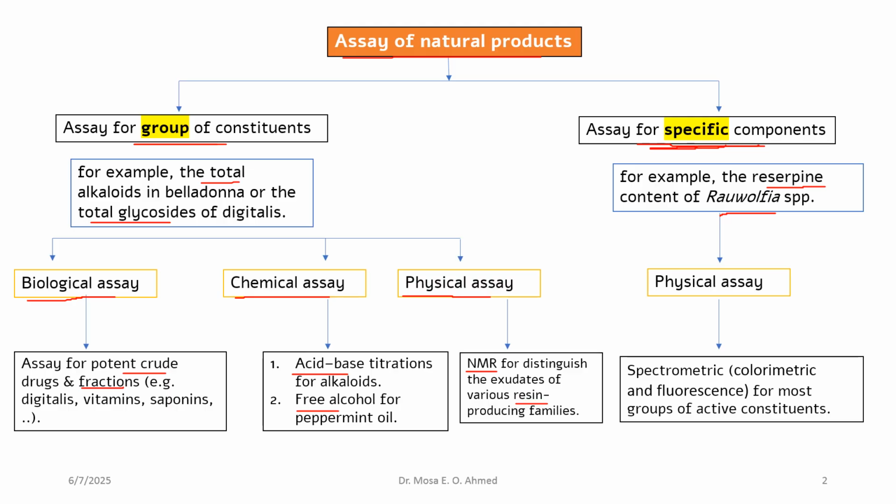We use mainly physical techniques for structural elucidation. Physical techniques used in structural elucidation include spectroscopic techniques such as UV, IR, NMR, and mass spectrometry, which are used for identifying the group of active constituents.